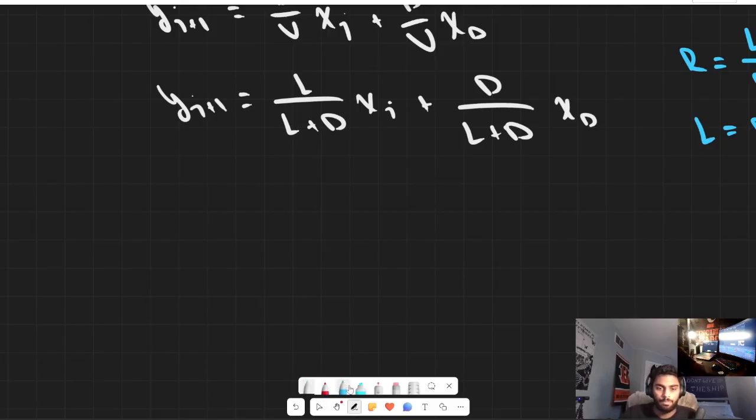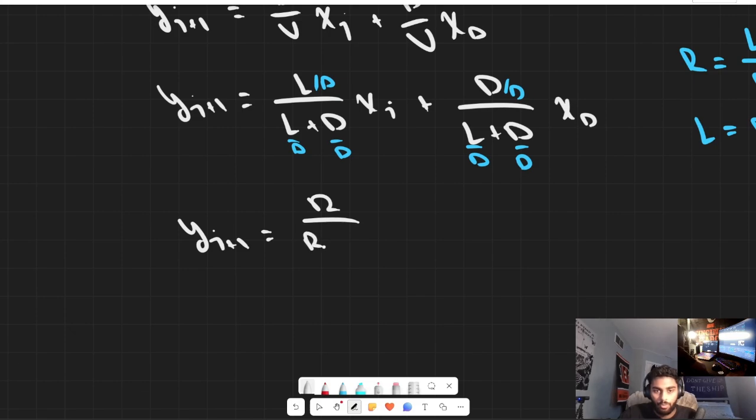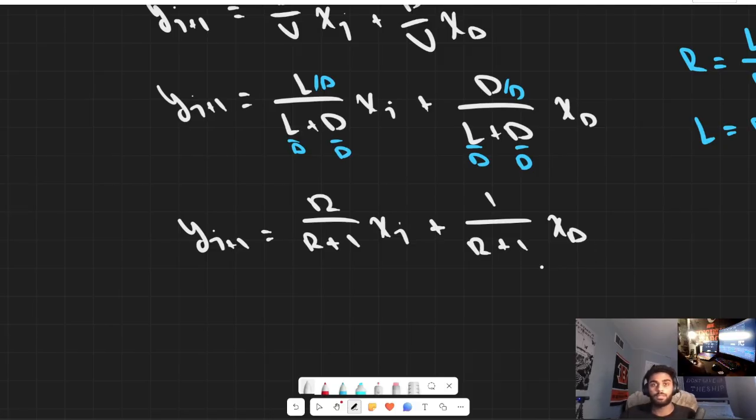So I'll divide this by distillate, each term. So this L over D now we know is the reflux ratio as we defined it. Plus 1 is equal to reflux ratio over reflux ratio plus 1 xj plus 1 over reflux ratio plus 1 x of the distillate.